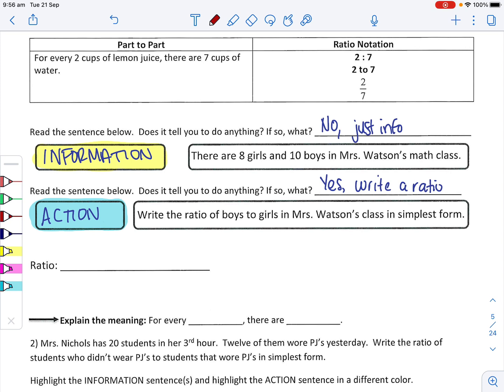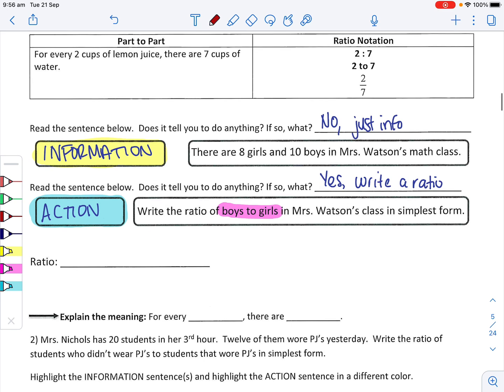And the first thing that I'm going to do when I'm writing my ratio is I am going to read that action sentence again, and I'm going to make note of which order they would like the ratio in. So it says write the ratio of boys to girls in Mrs. Watson's class in simplest form. So when I write my ratio, I'm going to write it in words first.